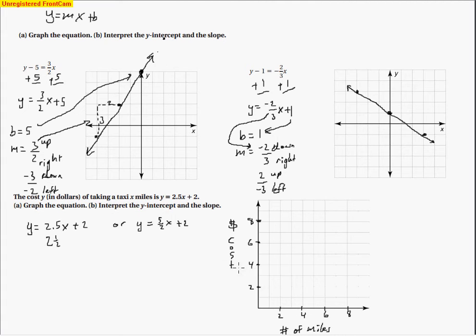So we start up at $2, and that's our y-intercept. Again, the y-intercept is 2, because that's what it says right here. And the slope we can either treat as 2.5 over 1, or I can treat that as 5 over 2, whichever is easier. So let's take a look at both of them, see what you like. So up 2 spaces, and up an extra half space would be here, and then over 1.